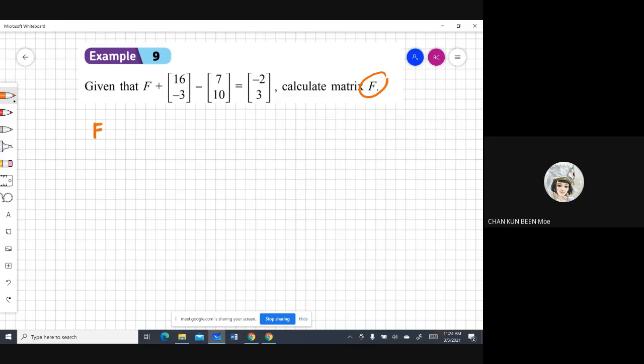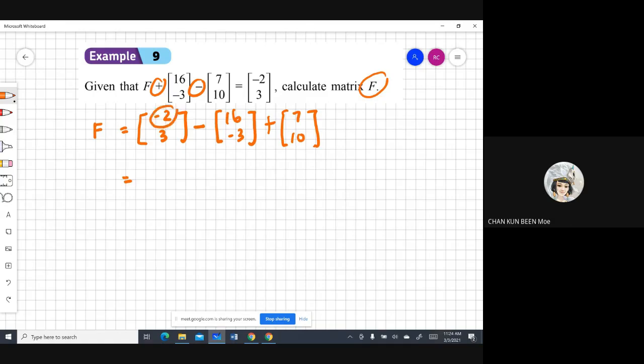F is equal to, put down the answer, negative 2, 3 plus 16, negative 3 will become minus 16, negative 3. And then negative will become positive, 7, 10. Okay? So you are going to plus and minus the corresponding elements.